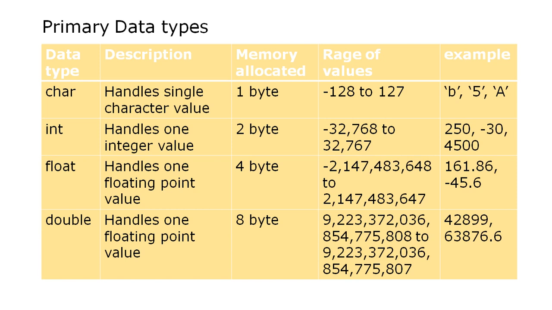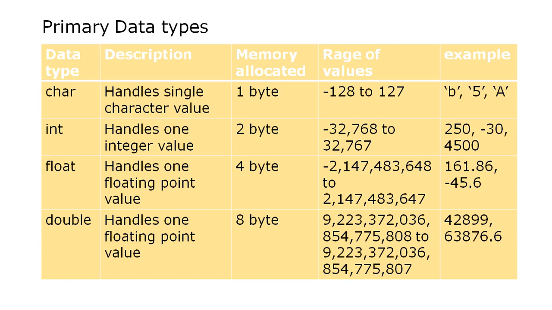The range of values we can store into that char is a single character, like B or A. If you mention a digit in between single quotes, it treats it as a character.